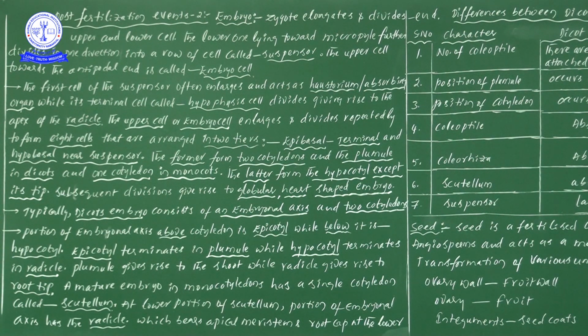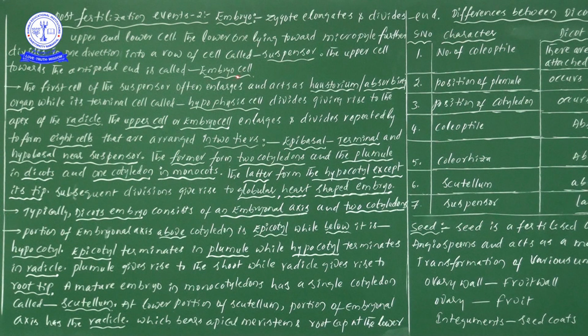Okay, remember this one time. First of all, listen carefully: one zygote cell divides into 2 cells. The lower cell, situated towards the micropyle region, forms the suspensor, and the upper cell, situated towards the antipodal end, converts into the embryo cell.